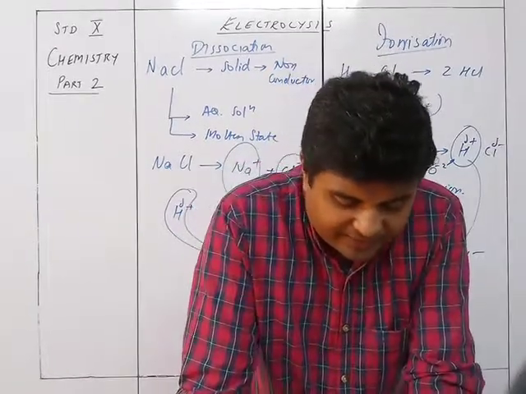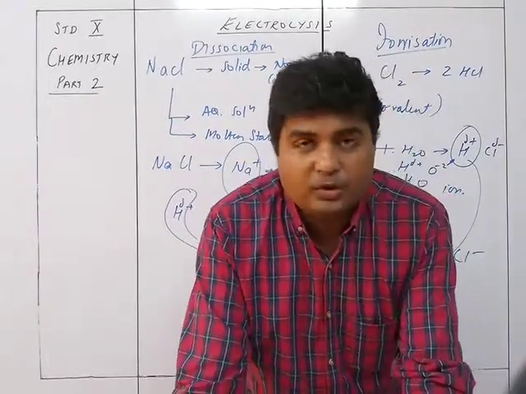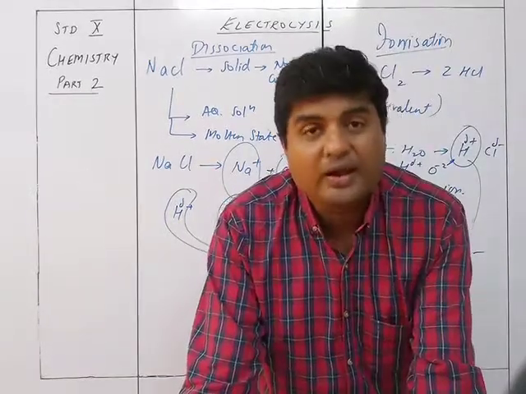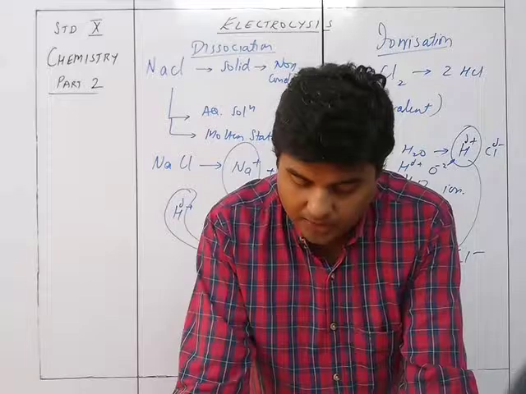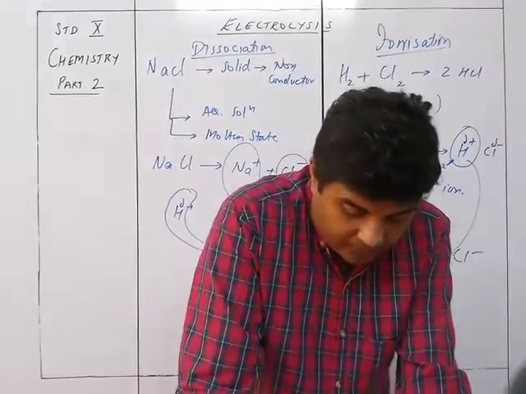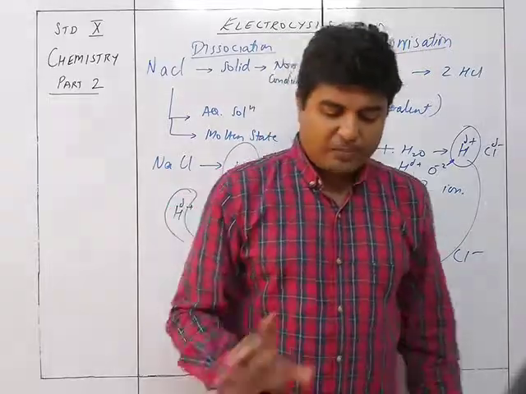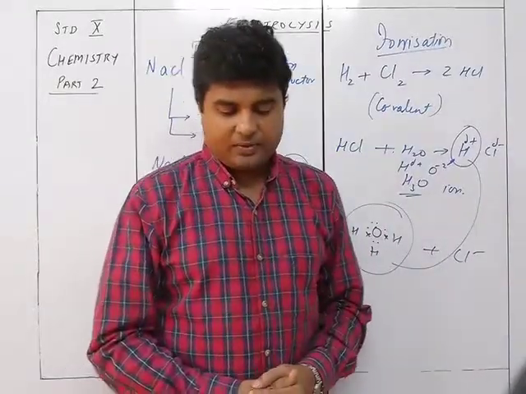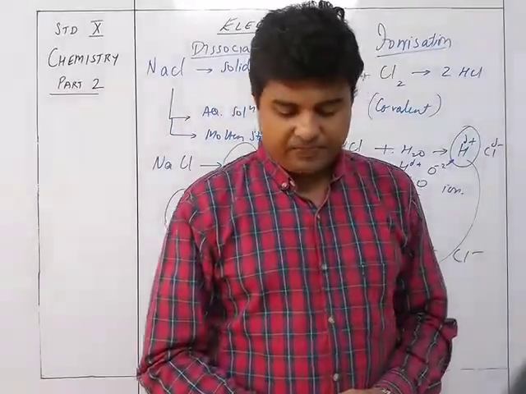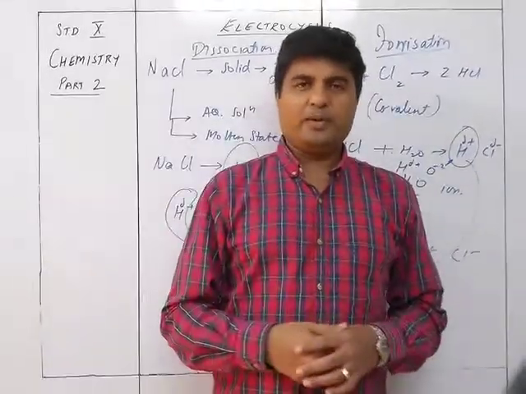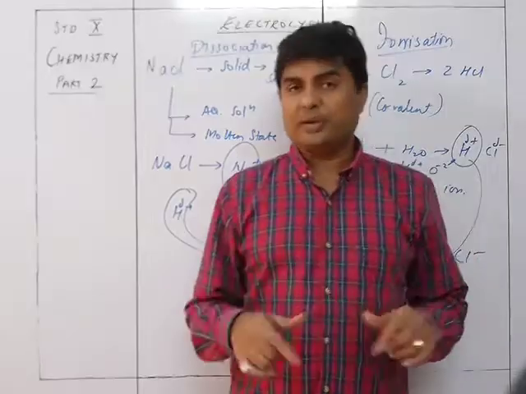Metals are good conductors of electricity in the solid state and in the molten state, whereas electrolytes are good conductors in aqueous solution or in the molten state, but not in the solid state. During metallic conduction, there is no transfer of matter. The flow of electricity only produces heat energy and no new products are formed. So it is a physical property, a trivial change wherein no new substance is formed.